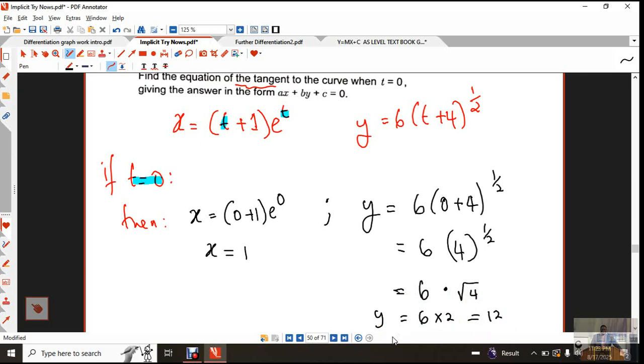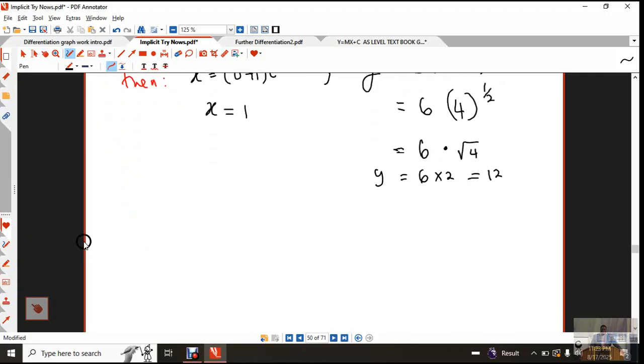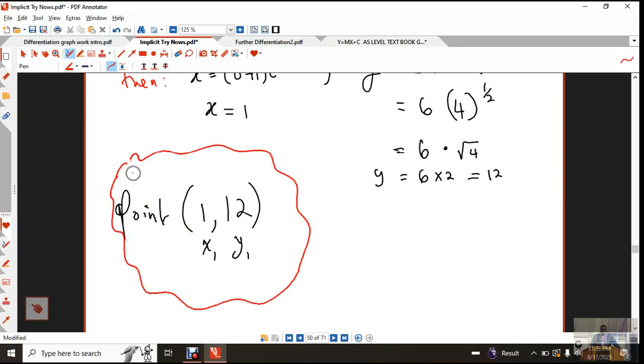So I have the point I will be considering in my equation: x is 1 and y is 12. This will be my x sub 1 and my y sub 1. It is really important that I get back to this point because I'm going to use it.